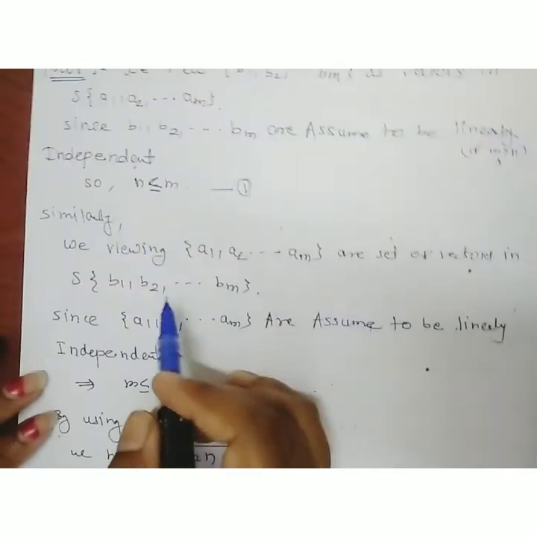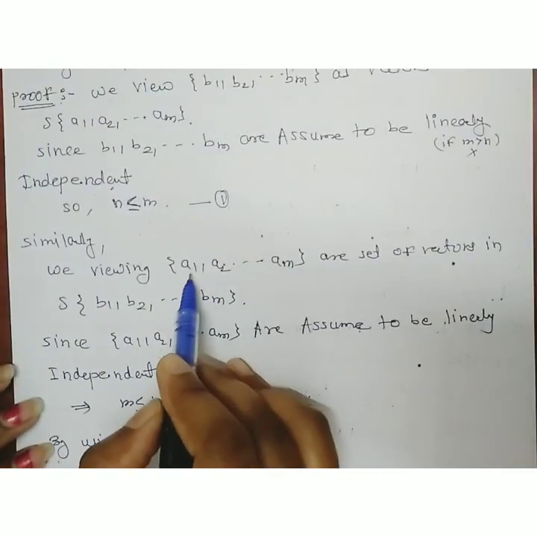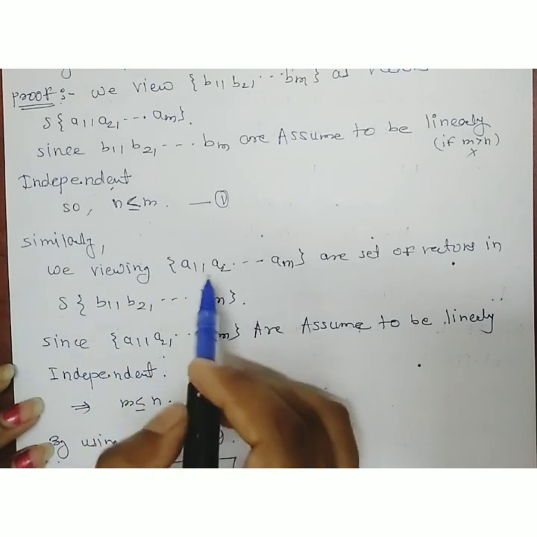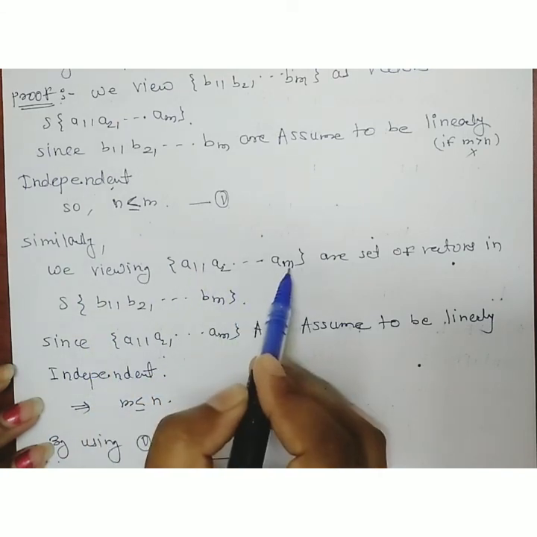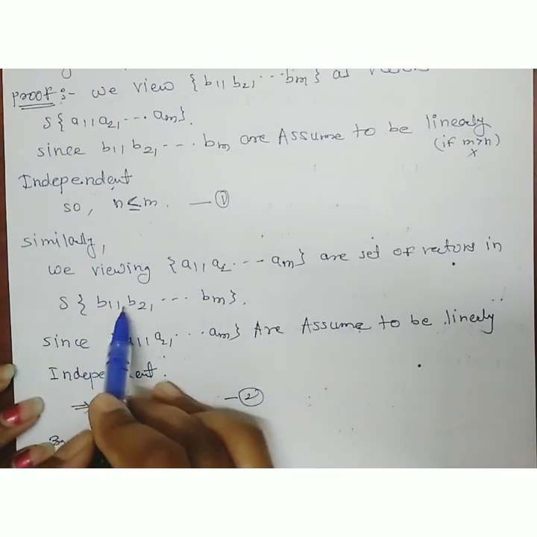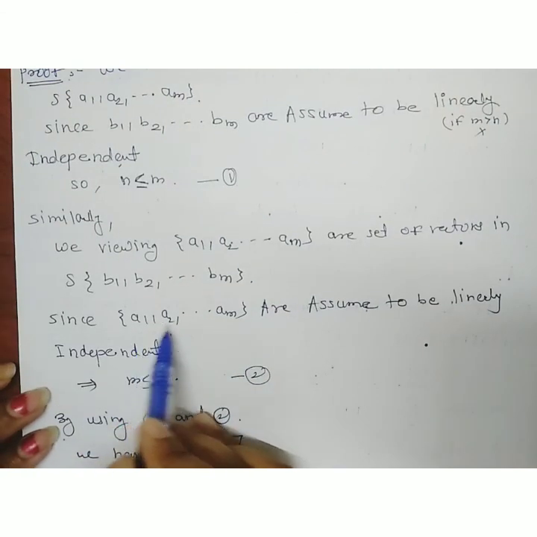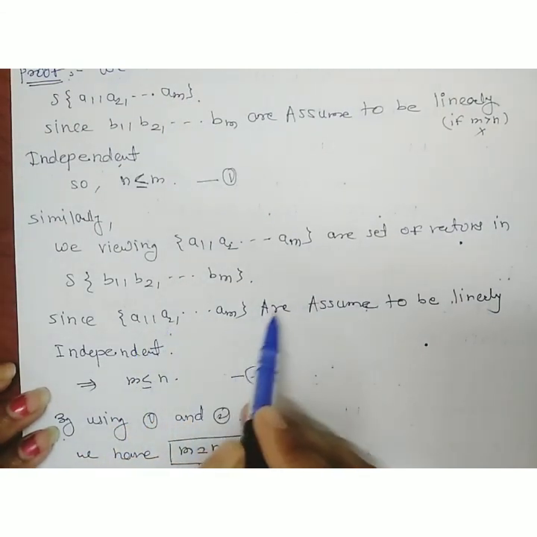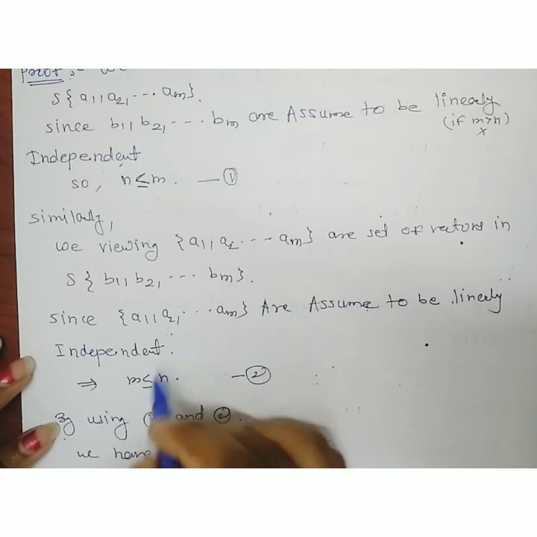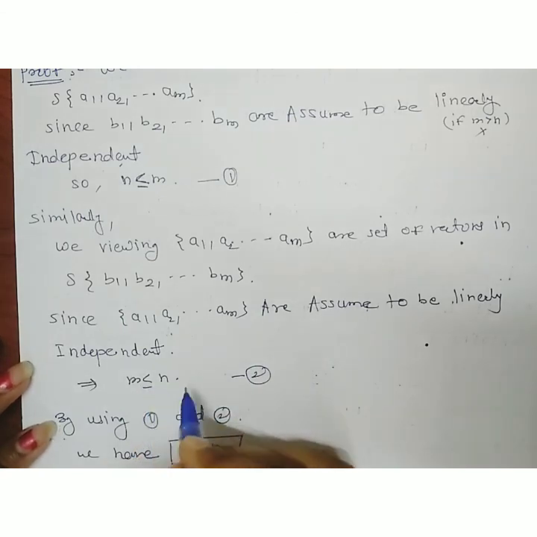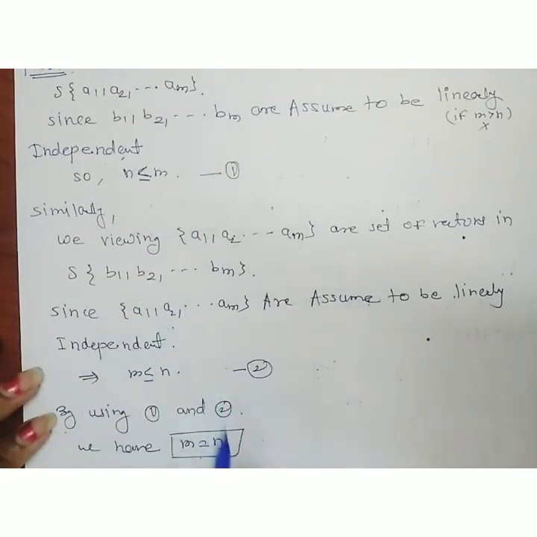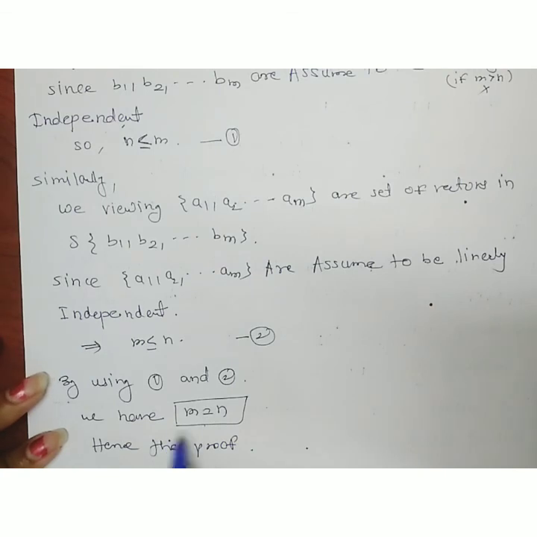Similarly, A1, A2, Am lie in the span of B1, B2, Bm and are linearly independent, so m is less than or equal to n. Therefore, from first and second, m is equal to n. This is the proof of the theorem.